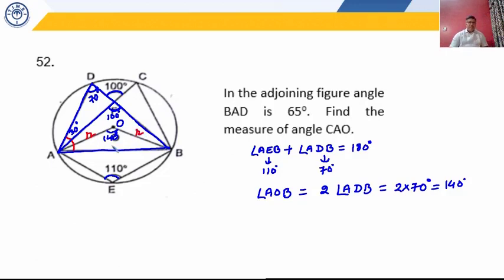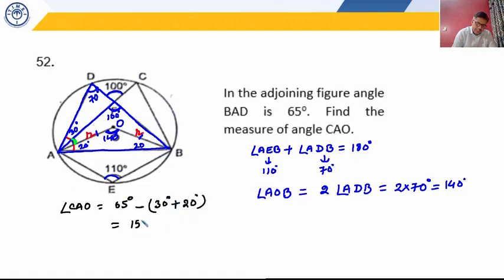So 140 degree plus something is 180 degree. So if this angle is 140, measure of these two angle is 20 degree and 20 degree. Can I say? This side is equal to this side, isosceles triangle. This angle is 140 degree. So 140 plus 20 plus 20 is 180. Now you are interested in this part. We have to find out the magnitude of this angle. Can I say angle CAO? Angle CAO is nothing but 65 degree minus 30 degree plus 20 degree, is 65 minus 50 is 15 degree.